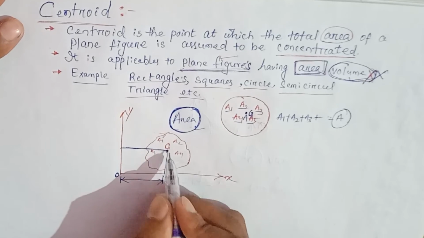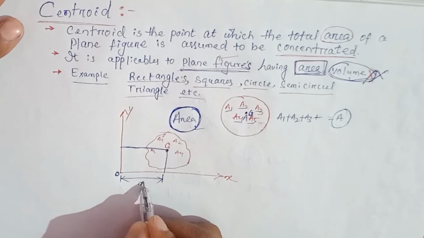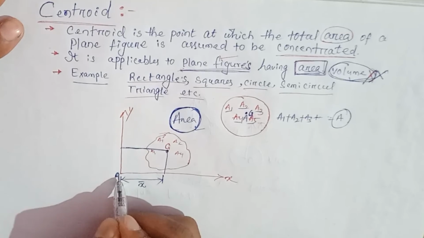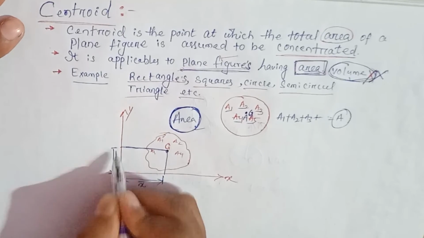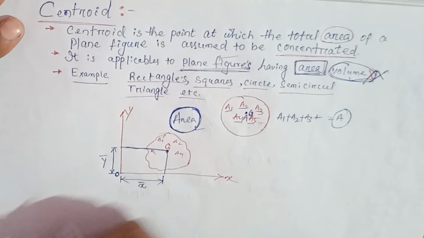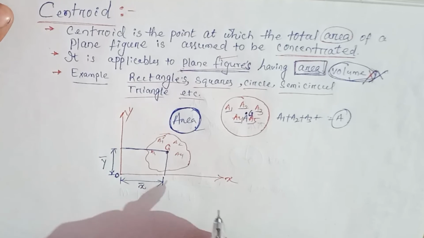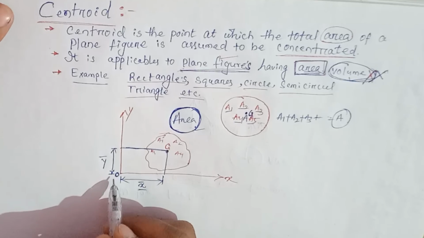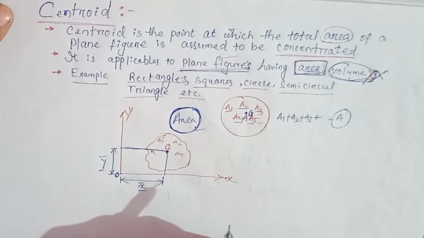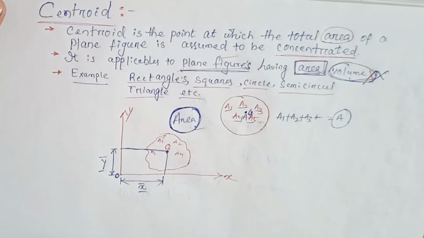Okay, so this distance you should take as x bar, and from this point to this point you should take the distance y bar. That means the centroid about the x-axis is x bar, and the centroid about the y-axis is y bar. That is all about the centroid. Hope you understand. Thank you to all of you.